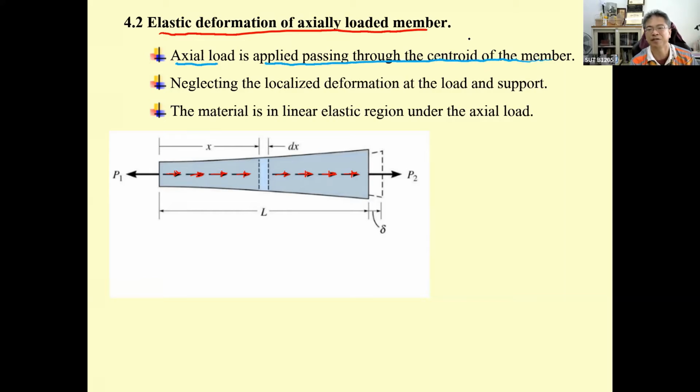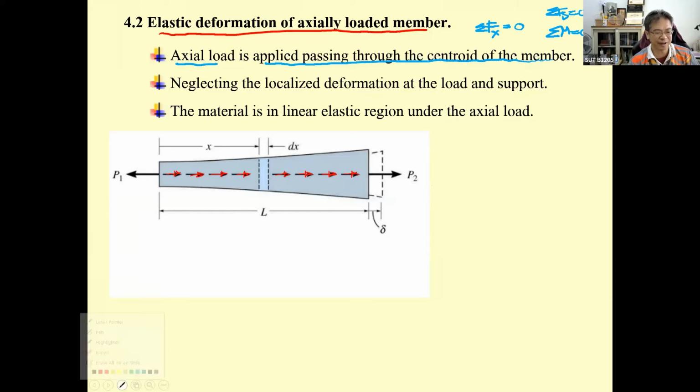So the first one just says in this study, the axial load is applied passing through the centroid of the member. So the summation of forces, for this one, is going to be F sub x equal to 0, and the summation of F sub y equal to 0 must be automatically correct. The summation of the moment equal to 0 must be automatically correct because of the forces passing through the centroid.